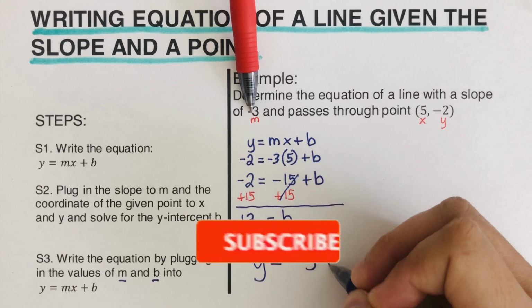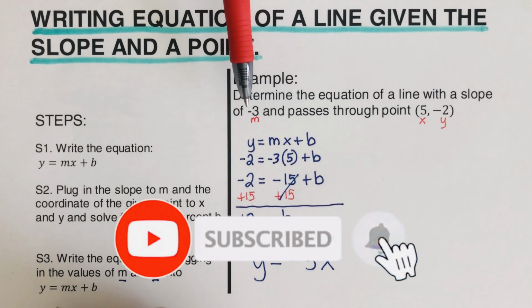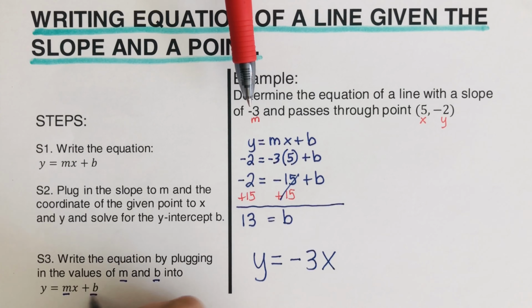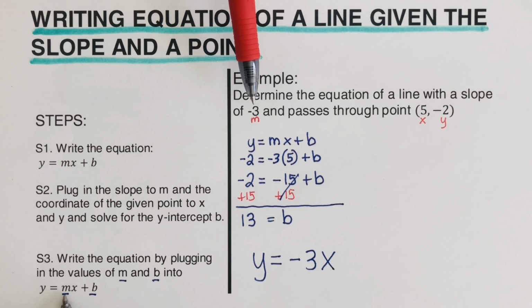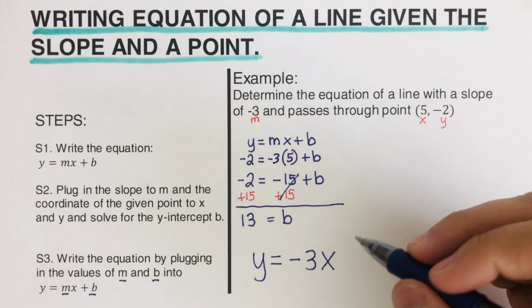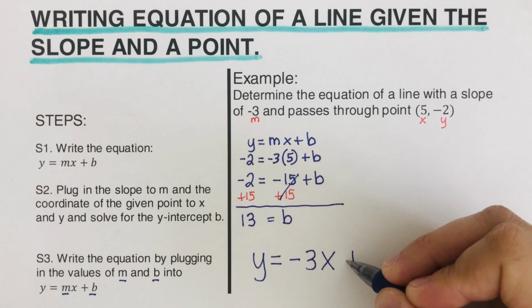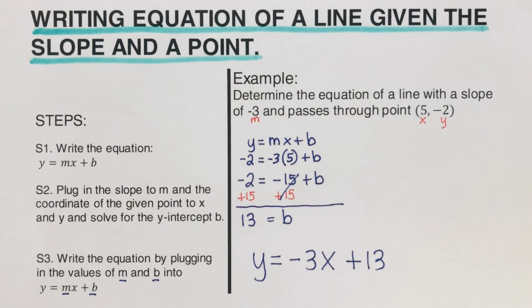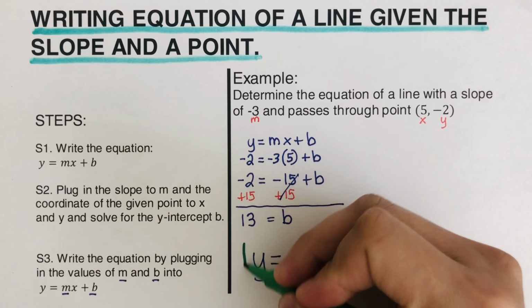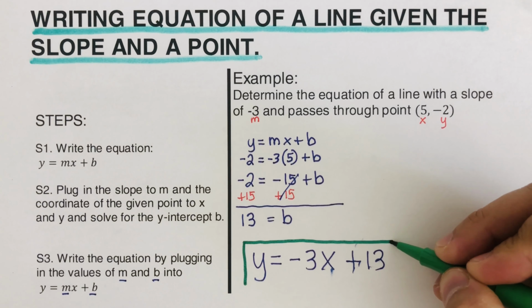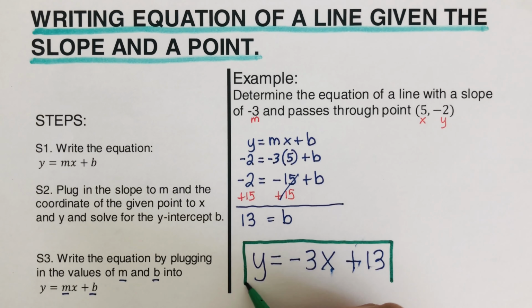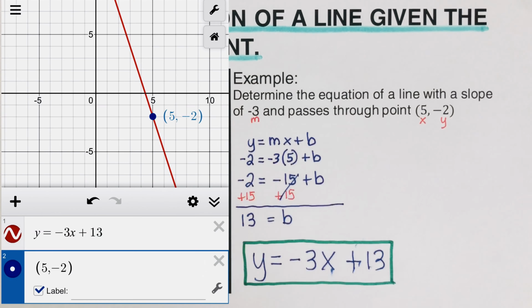And then I keep the x, because again, I only plug in the m and the b. So y equals -3x, and our b is 13, so I'm going to write plus 13. So this is the equation of the line that passes through (5, -2) and has a slope of -3.